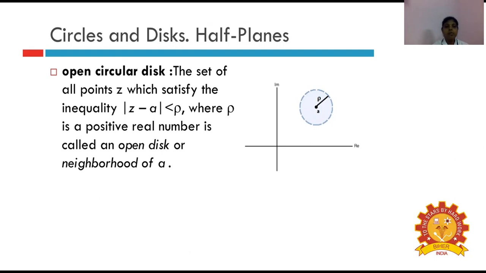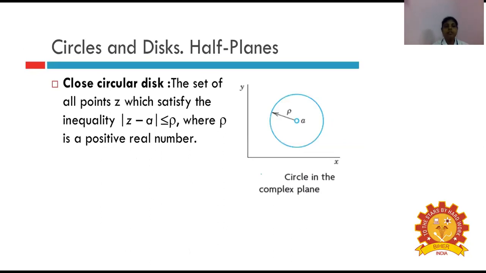Here rho means positive real number, which is called an open disk or neighborhood of A. Next, closed circular disk. The set of all points Z which satisfy the inequality modulus of Z minus A less than or equal to rho, where rho is a positive real number.